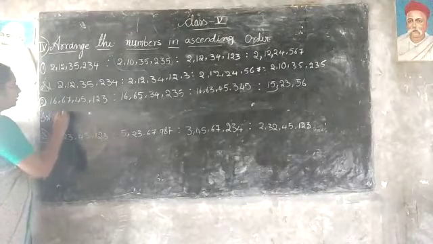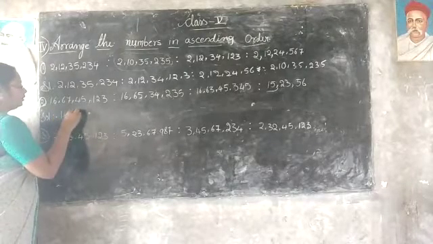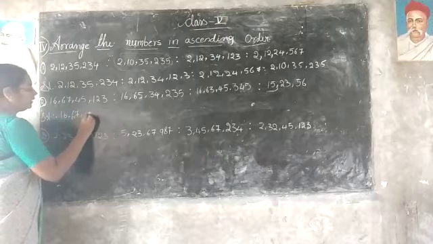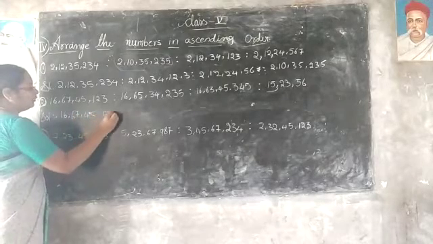As usual, we can write the same numbers. 16 crores 67 lakhs 45,123.